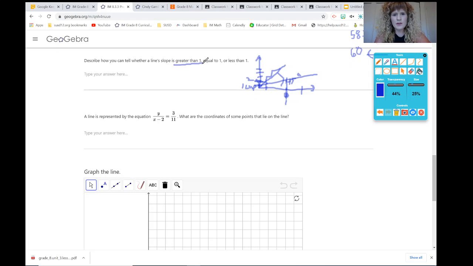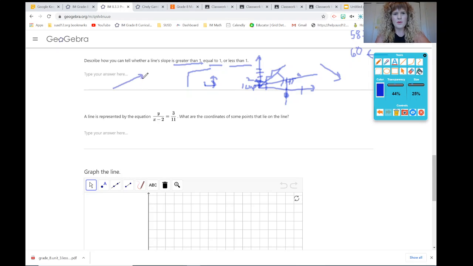If it is greater than 1, it has a proportional relationship greater than 1. And if it is equal to 1, then the change in x is equal to the change in y. If it is less than 1, it's going to be going down. Ta-da!